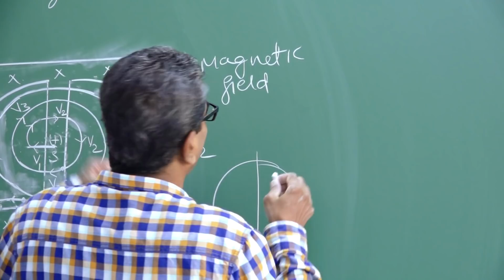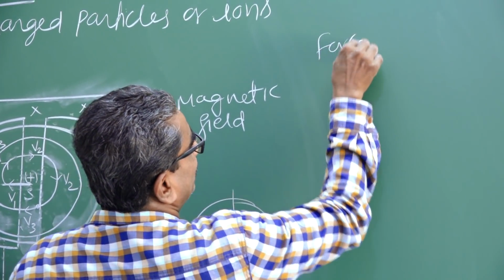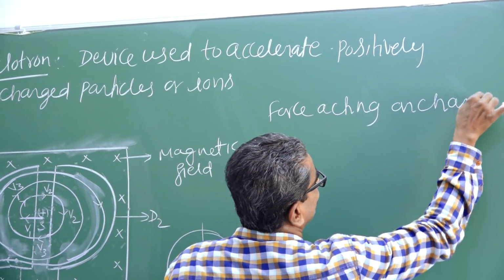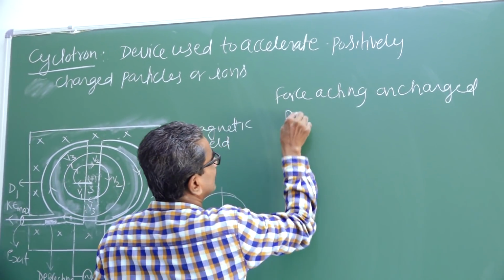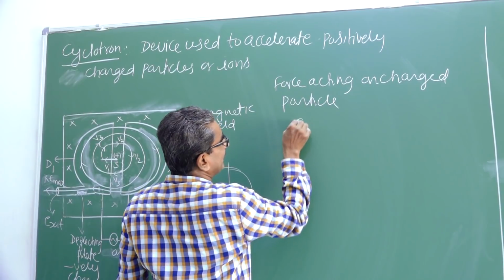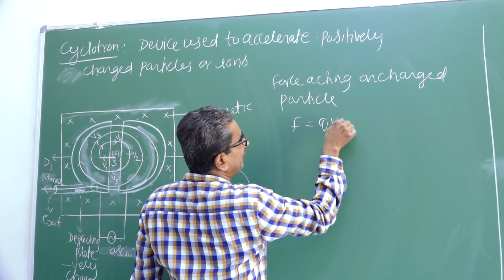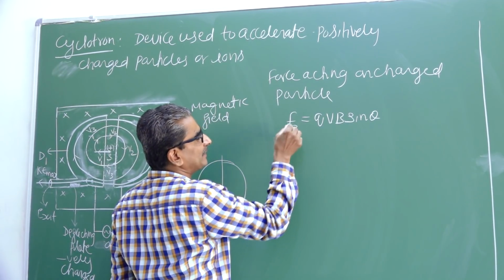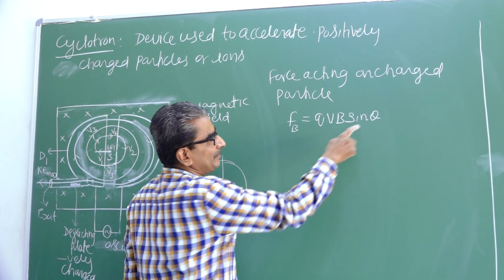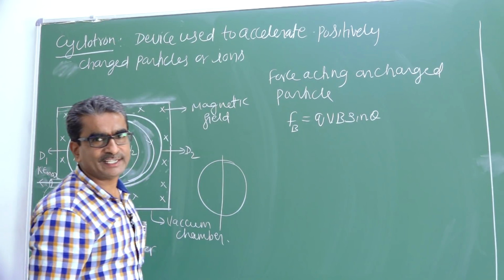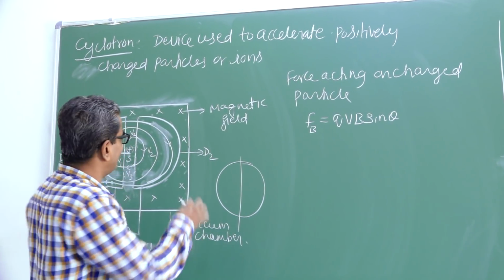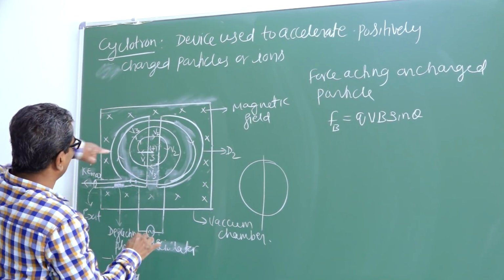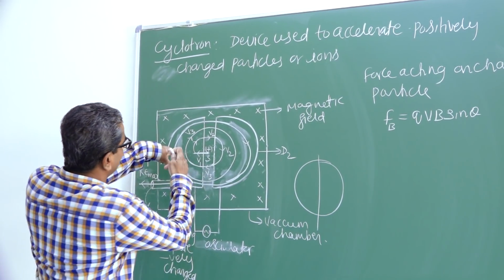So the force acting on the charged particle is given by F equal to QVB sin theta. This is the force due to the magnetic field. But theta is equal to 90 degrees. Why? The particle enters like this with a velocity v, whereas the magnetic field is like this.